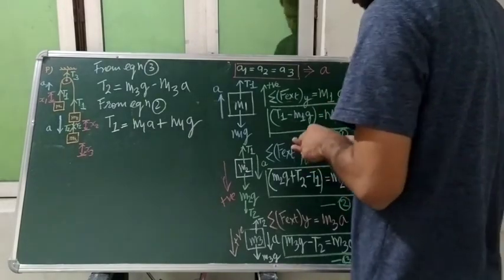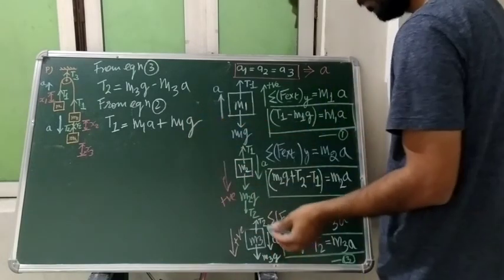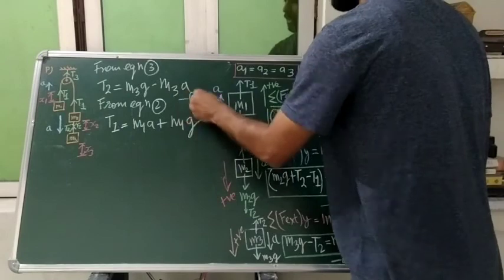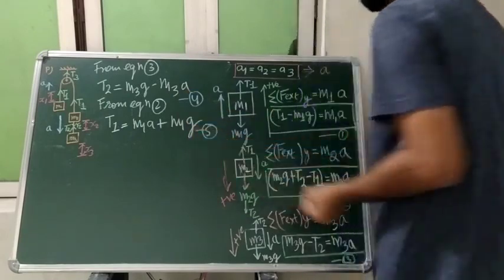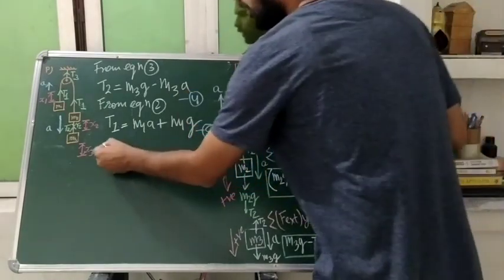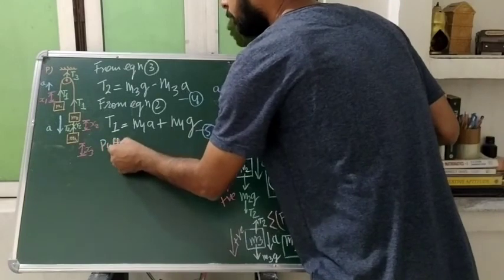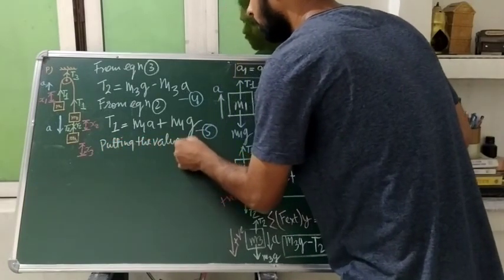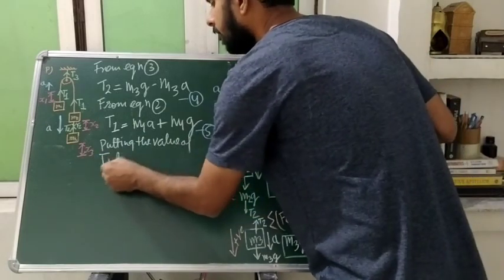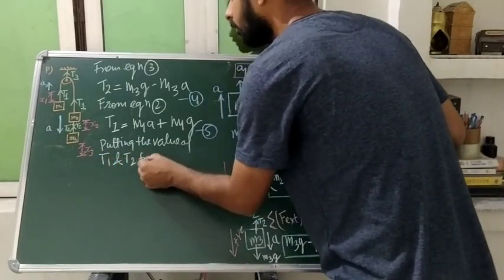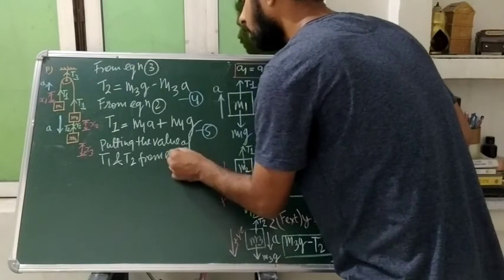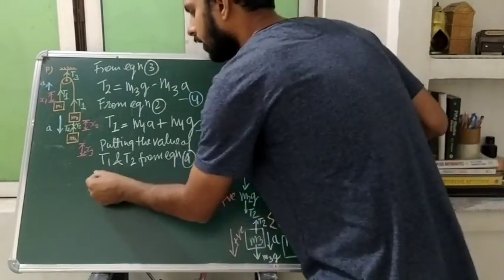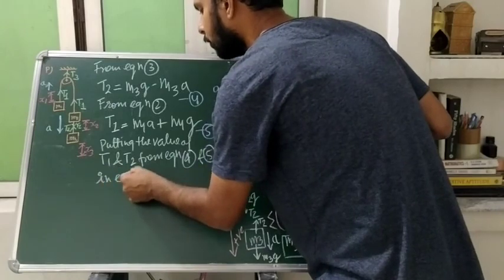So suppose we call these equation number 4 and 5, and 3 is here. So putting the value of T1 and T2 from equation 4 and 5 in equation 2.